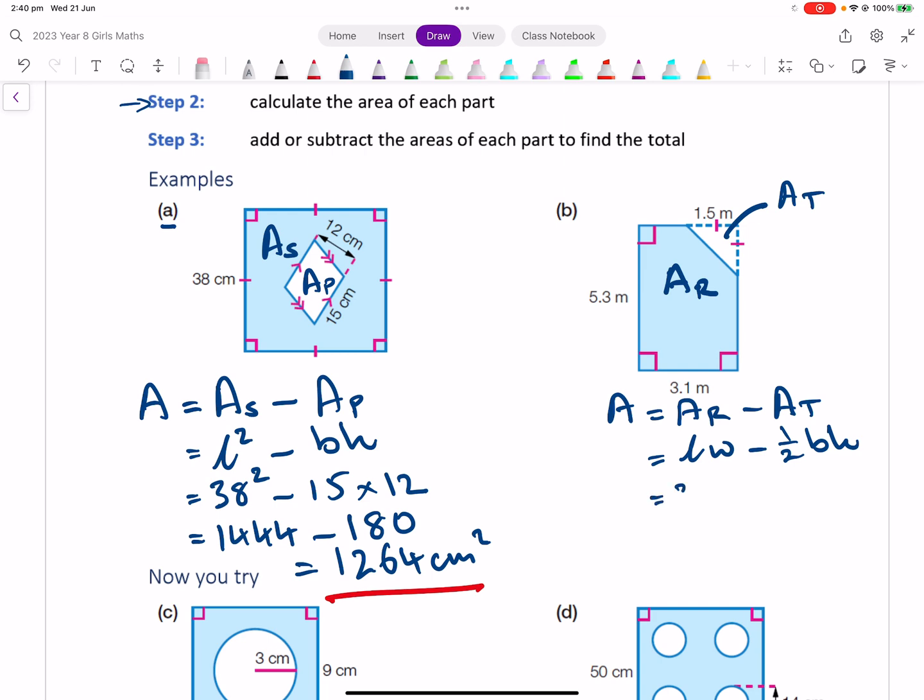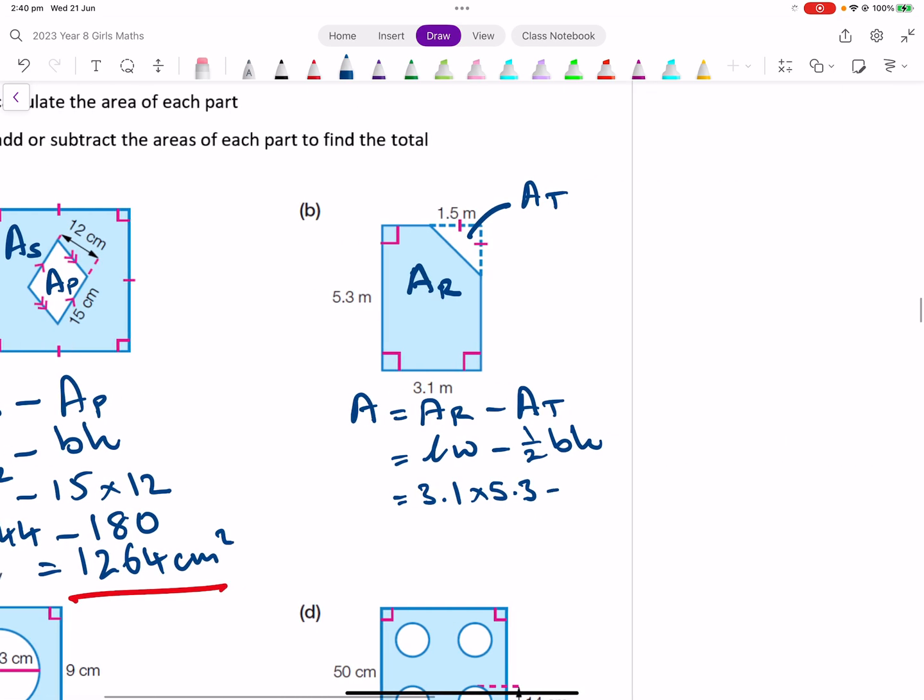Length times width is 3.1 times 5.3, which I hope you can see in the diagram there, minus a half, and the base is going to be that big. It actually doesn't matter which one we use because this is what's called an equilateral triangle. A half of 1.5 times 1.5.